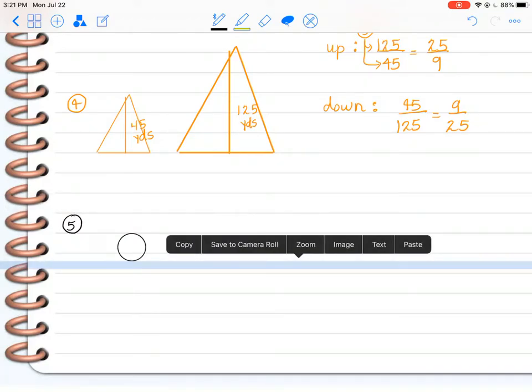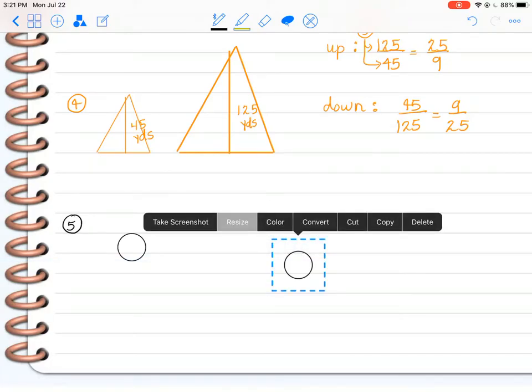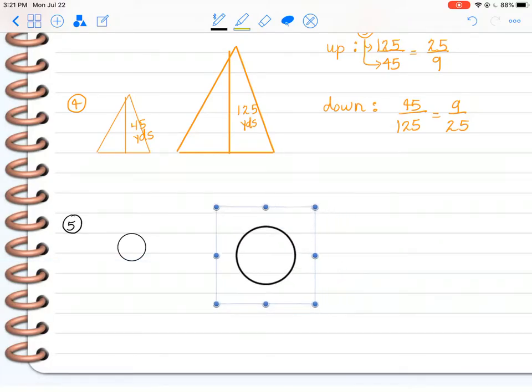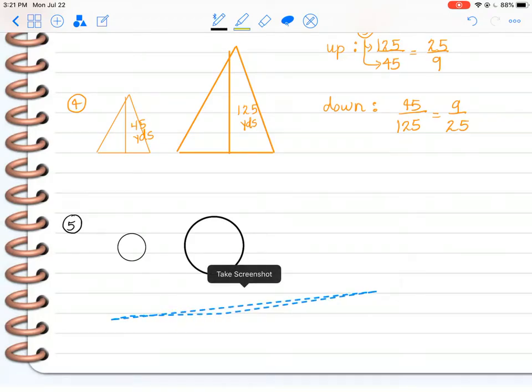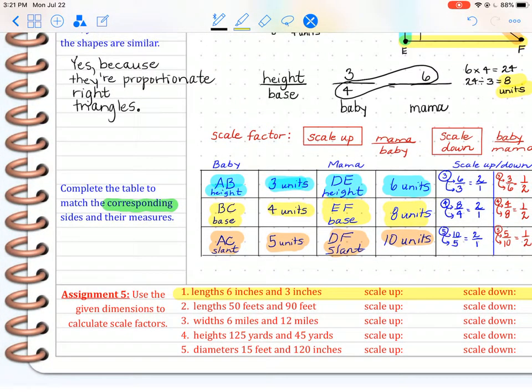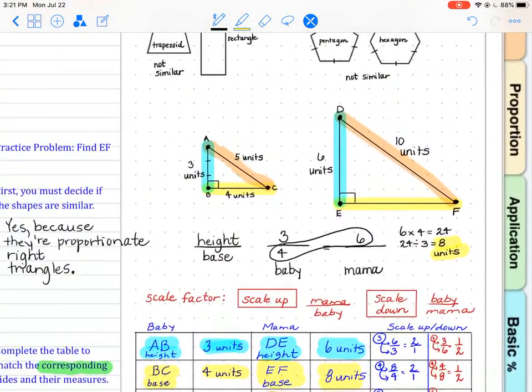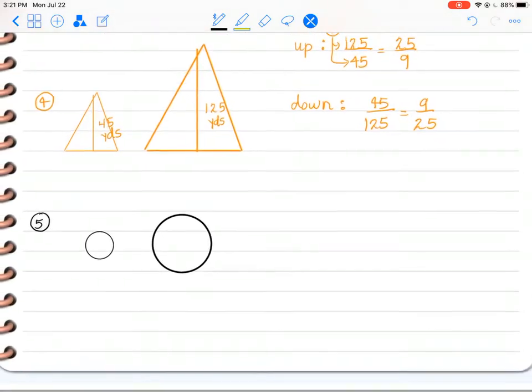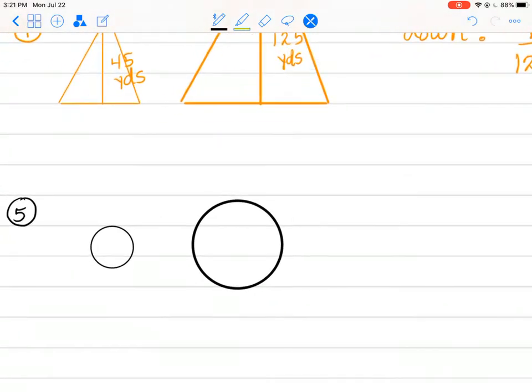And then we have a mama circle. So the baby circle has a diameter. Be careful, guys. This one is so tricky. In fact, let me look back just to be sure I have it right. 15 feet and 120 inches. So it's hard to know which one's which.